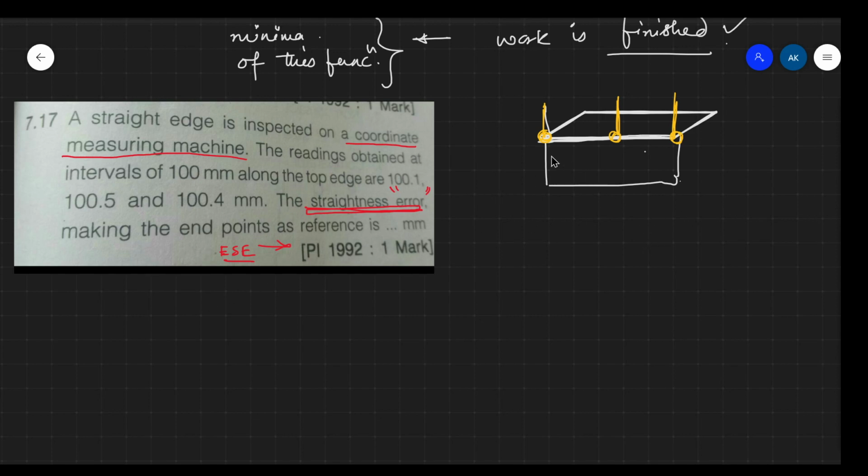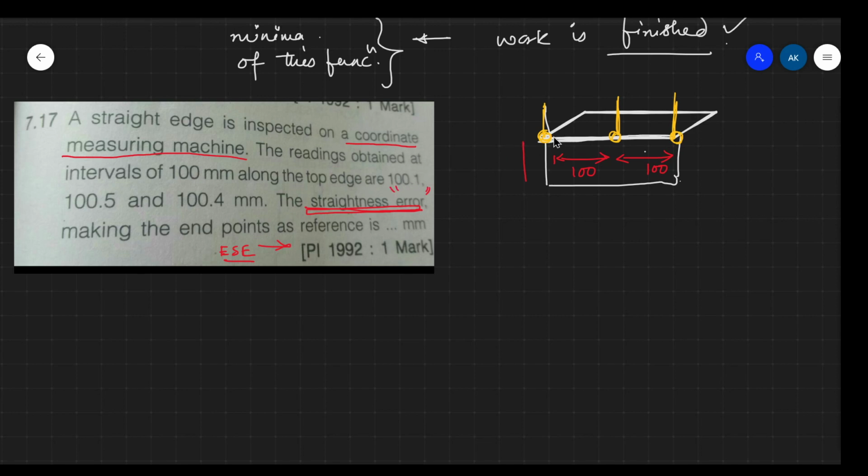It means that the distance from here to here was 100, from here to here was 100, and CMM got some readings of this height, maybe not of this height, but some readings it got. Okay, like 100 mm apart, some readings were obtained.